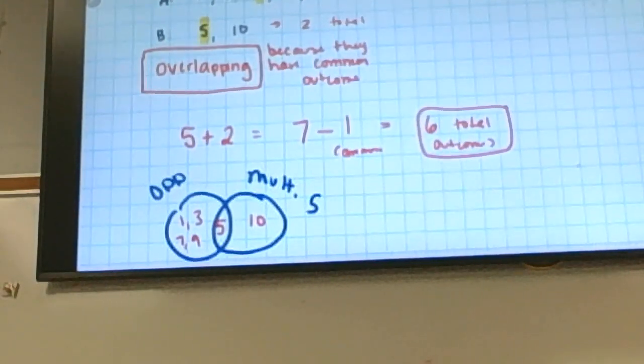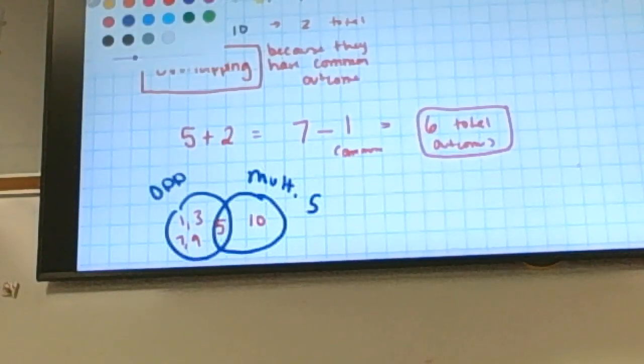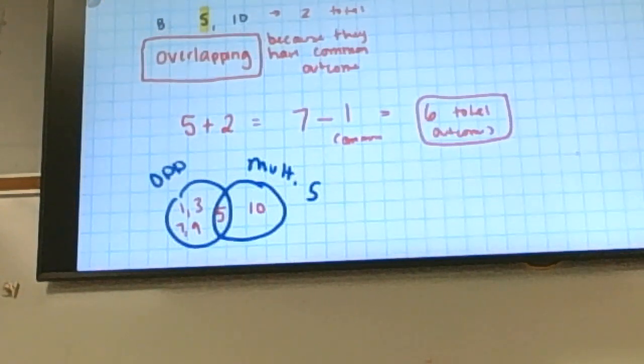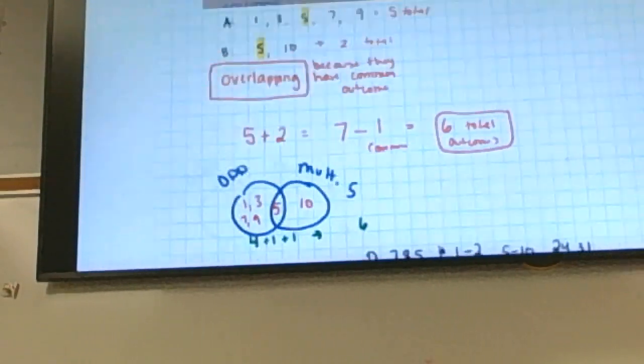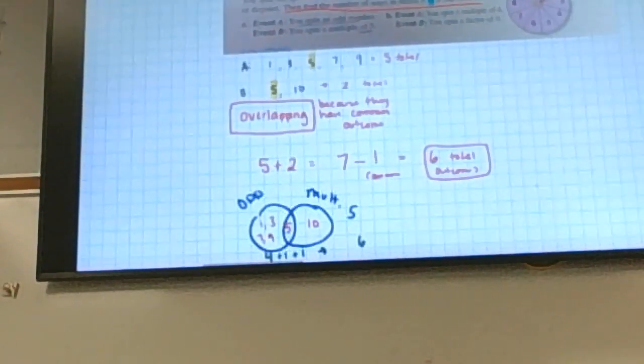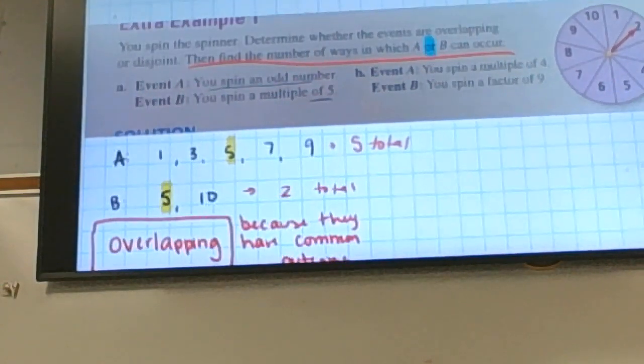So then when I add those up together, the Venn diagram method, I have 4 plus 1 plus 1, 6 total outcomes. Same answer. So you can either do the Venn diagram, and that takes care of the overlap, or you can add them and subtract the number that are in common. Alright, now I'll pause and let you guys set up B now that I've done the first one.